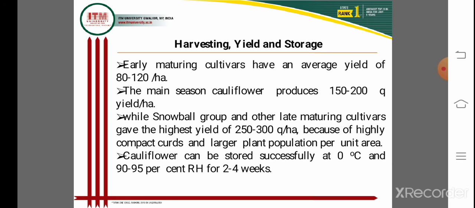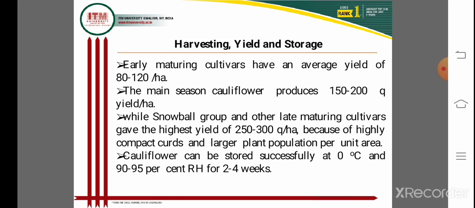The main season cauliflower produces 150 to 200 quintals per hectare. It varies with the season and also depends on the varieties and area, like open field condition or protected cultivation.